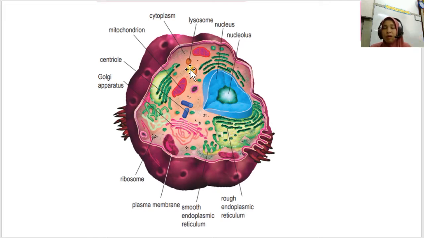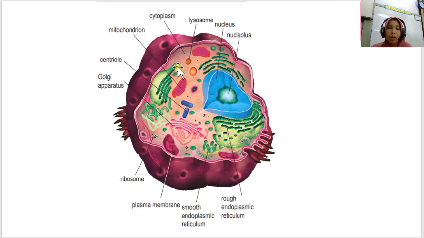So all of these are organelles. Which of them are non-organelles? Non-organelles refer to the plasma membrane and also the cytoplasm.